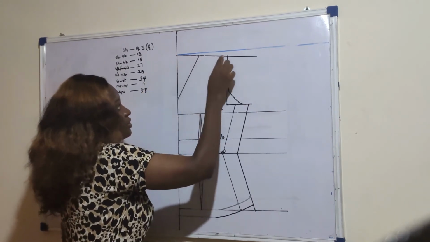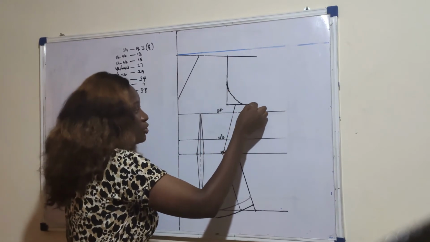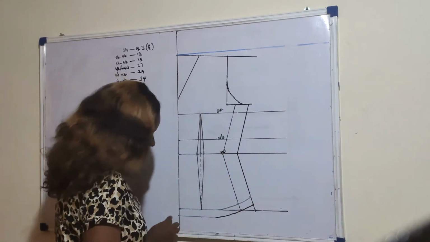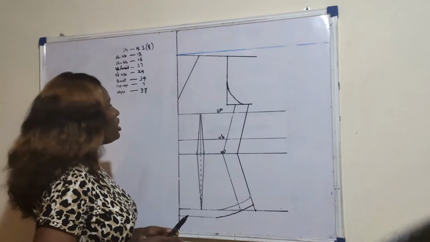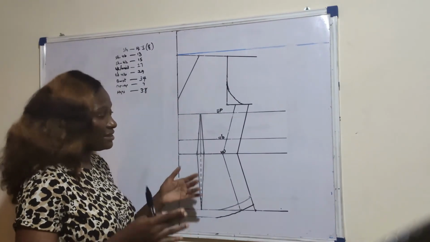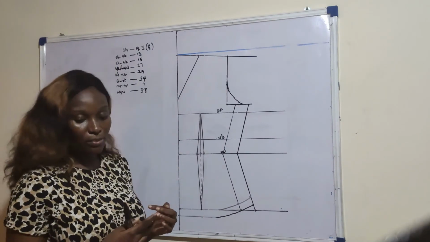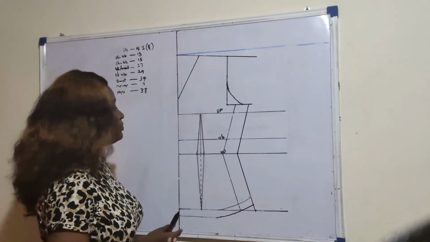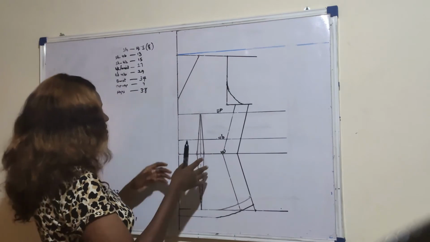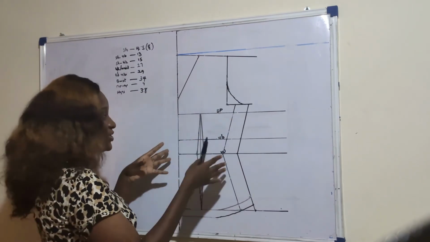Cut it at this point, the armhole, and you place it on another pattern paper to cut out your back bodice. For this I'm going to do both back and front on this same piece.